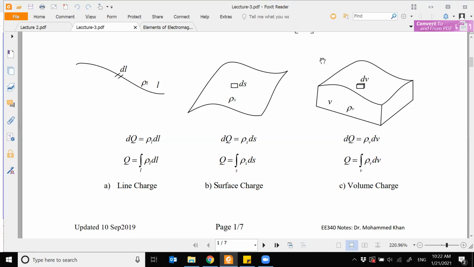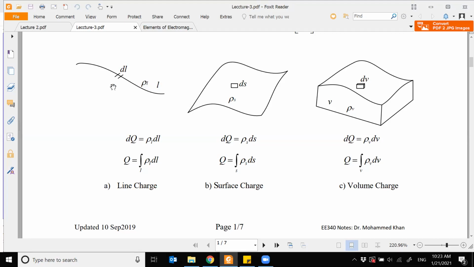So volume distribution is actually the main kind of charge distribution. And from here, the special case is if one dimension becomes negligible, it becomes a surface. And if two dimensions become negligible, then it becomes a line. We use this to simplify our analysis.